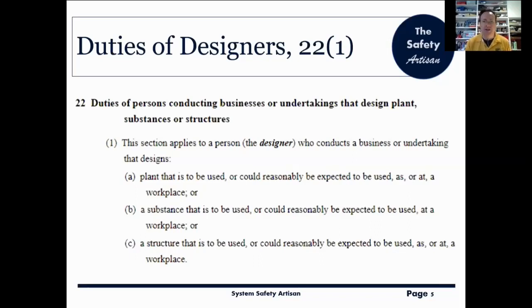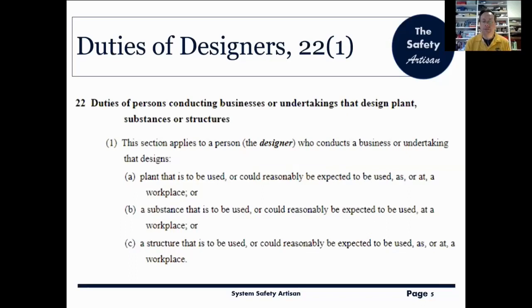We're not talking about commercial goods. There are other acts that apply to stuff that you would buy in a shop. So this is industrial plant, chemical substances and the like, or structures, and those might be buildings or they might be ships, floating platforms, aircraft, cars, doesn't matter.